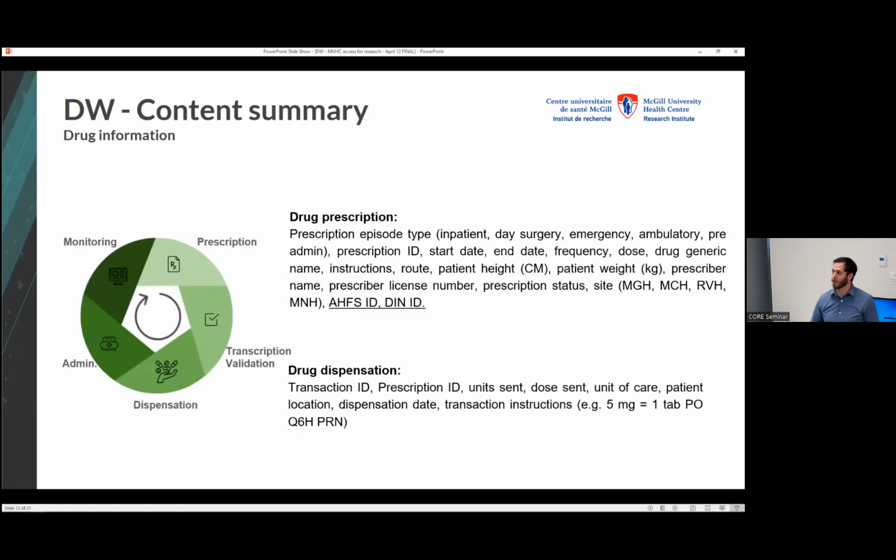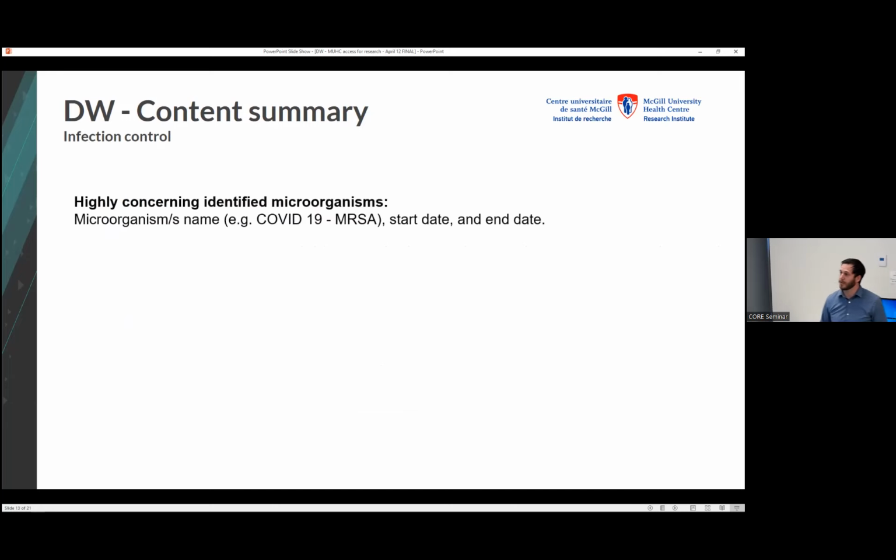So this is about drug information. About infection control, we have highly concerning identified microorganisms. Basically, this is a table of patients who are identified as having, or having had, a highly concerning microorganism, for example COVID-19 or MRSA.